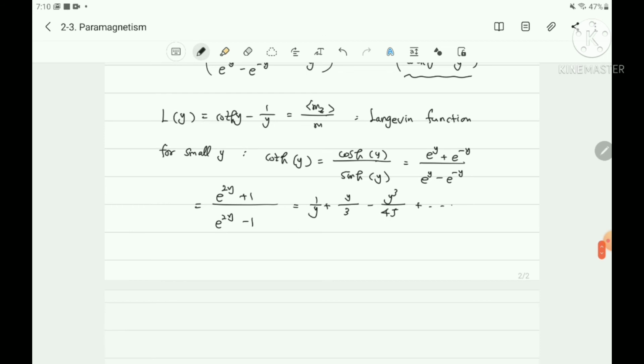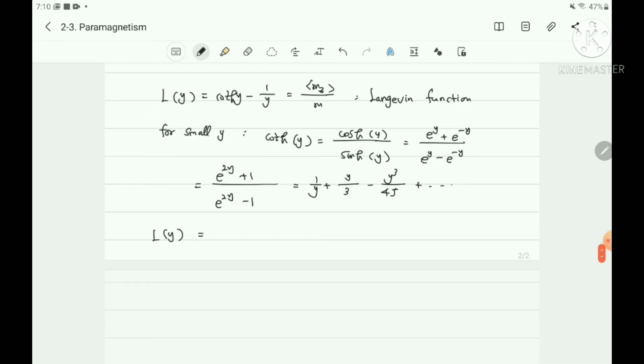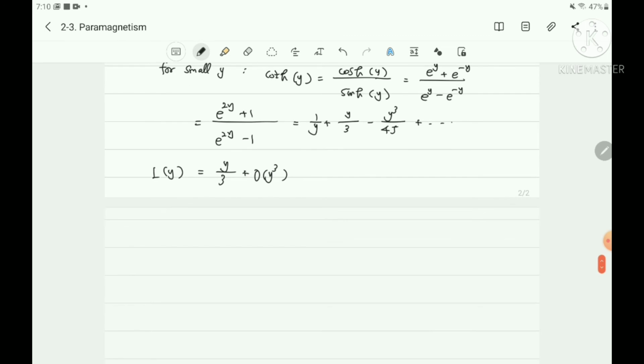Therefore, the Langevin function, hyperbolic cotangent y minus 1 over y, is y over 3 plus order of y cubed in the higher terms.